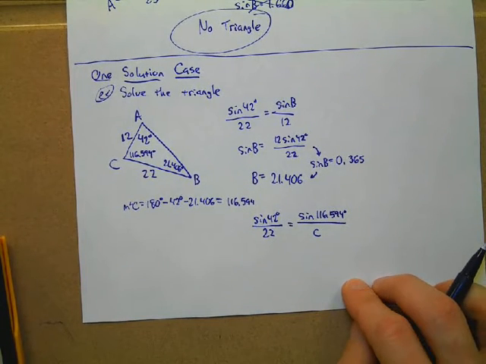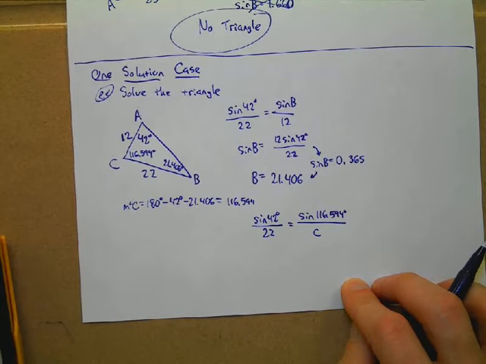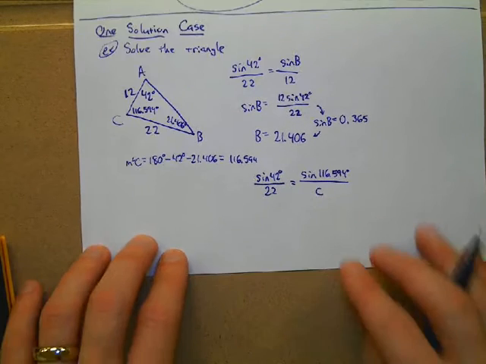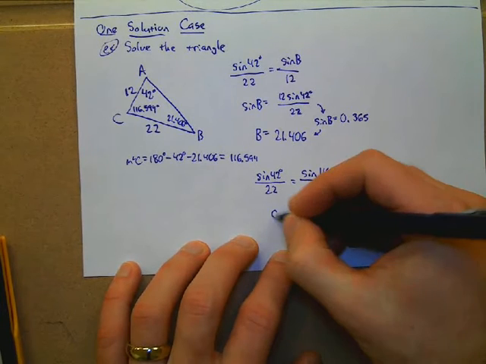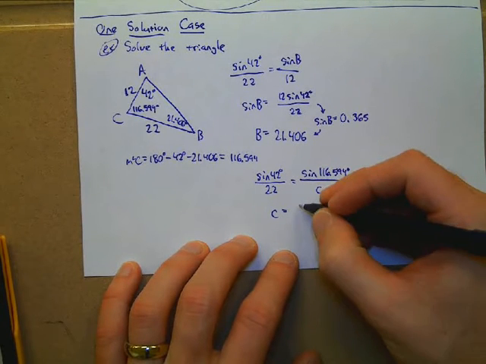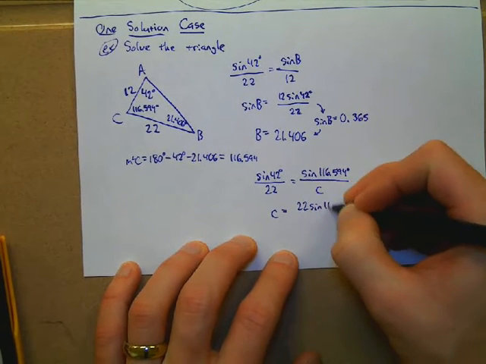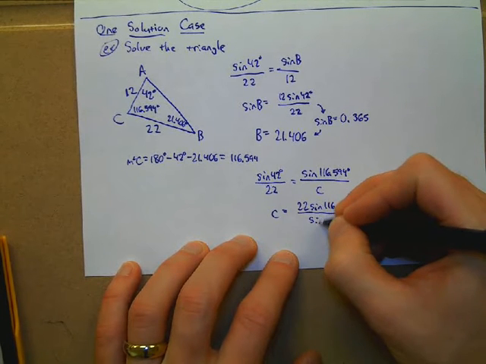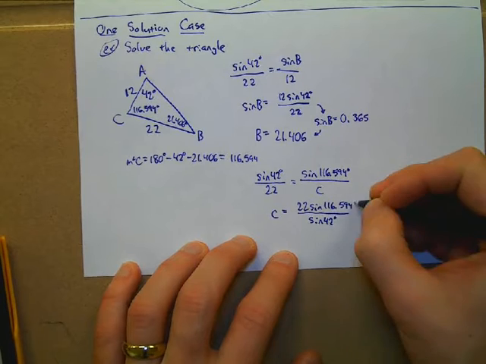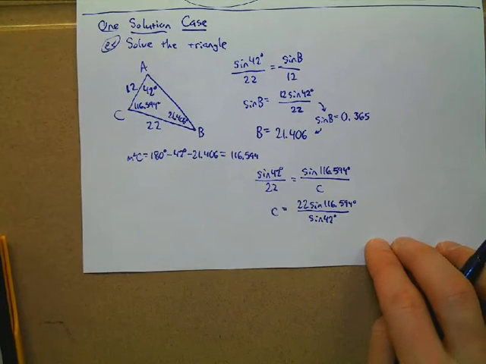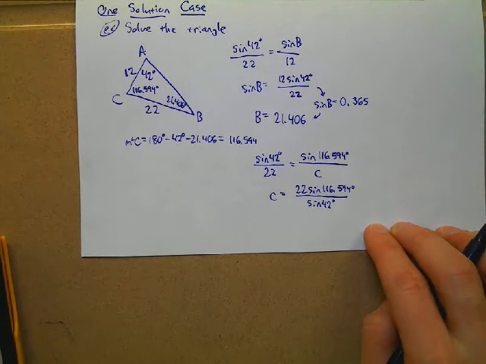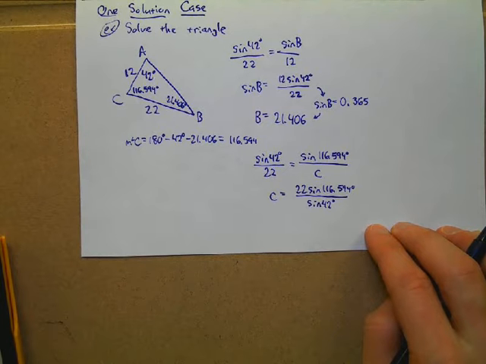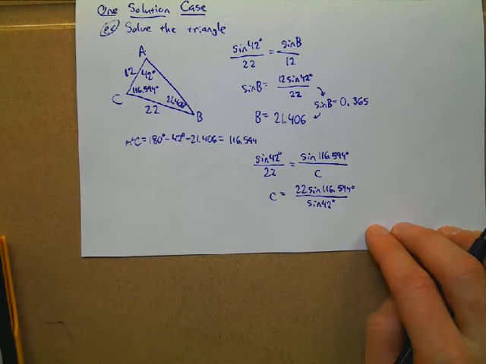All right, so we get c equals 22 sine of 116.594. And we'll just type that into our calculator. So c is approximately 29.400.